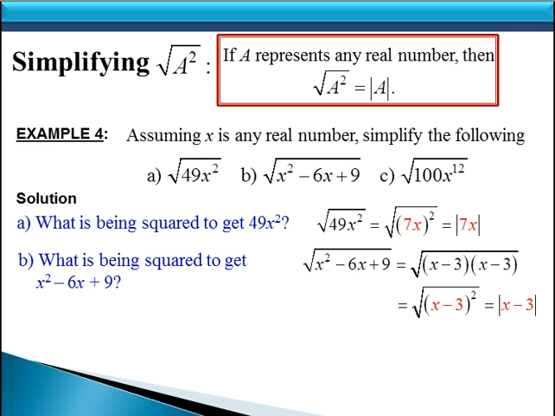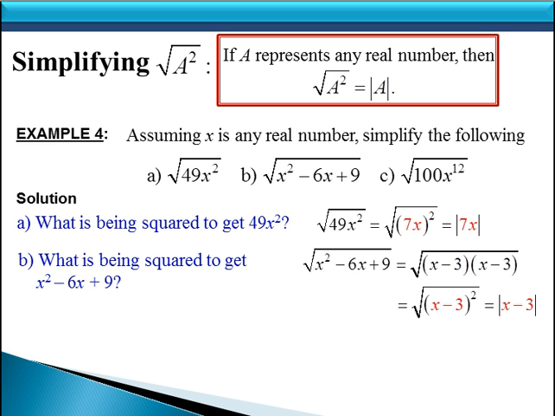So the answer to that question is x minus 3 is the expression that we would have to square to get the trinomial x squared minus 6x plus 9. So x minus 3 is our a in this case. So this would simplify to the absolute value of x minus 3.